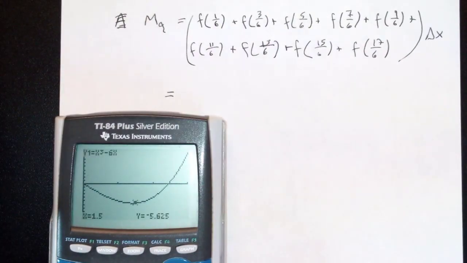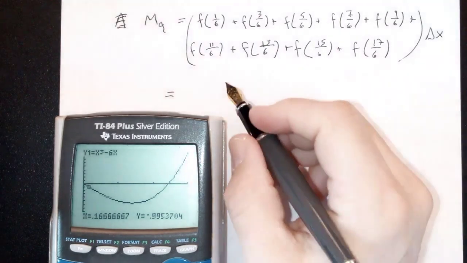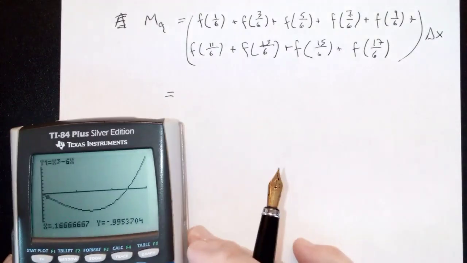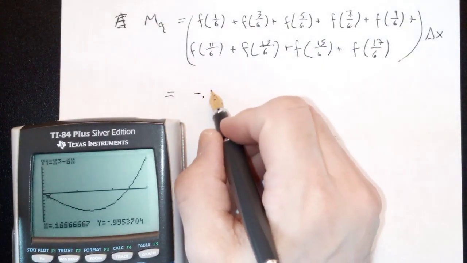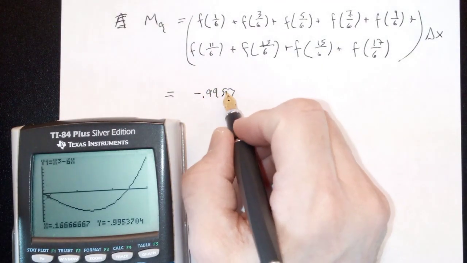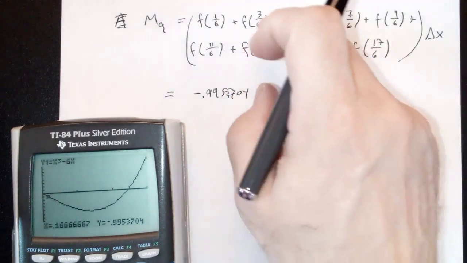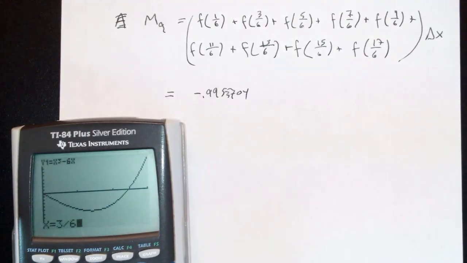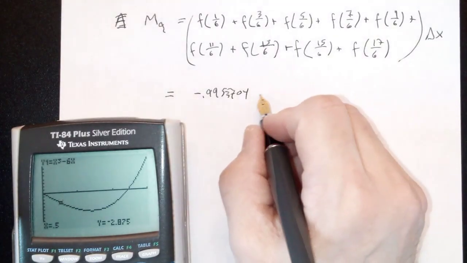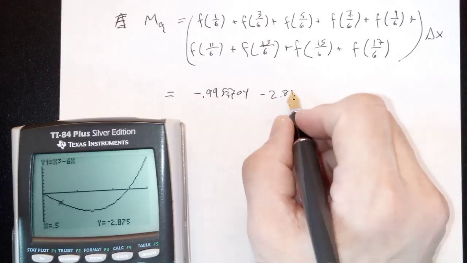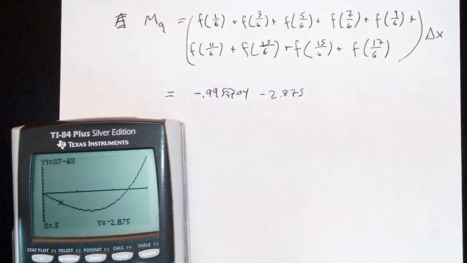So I hit the trace button, I put in 1/6, and I get negative 0.9953704. I put in 3/6, 3 divided by 6. I get negative 2.875. I'm adding a negative.